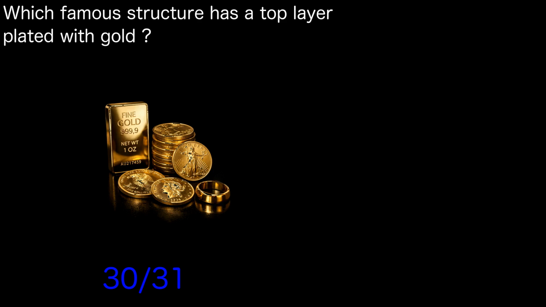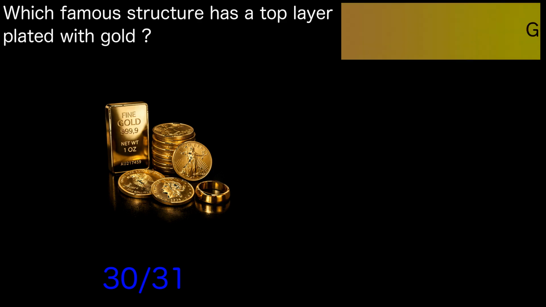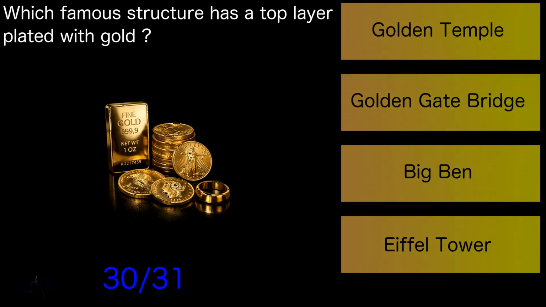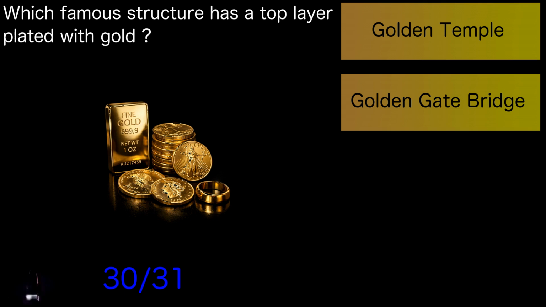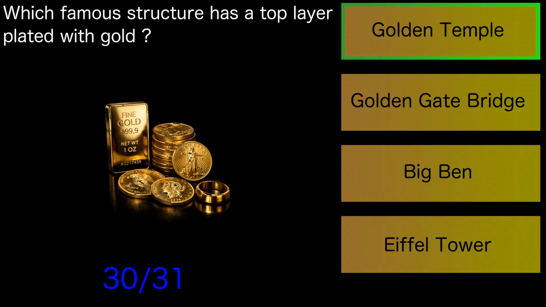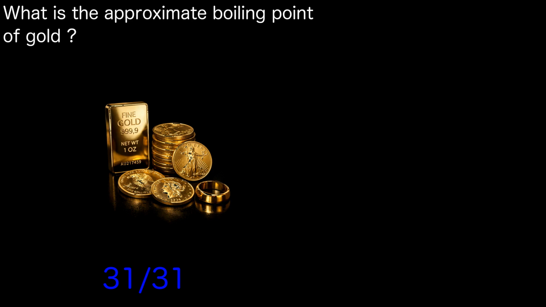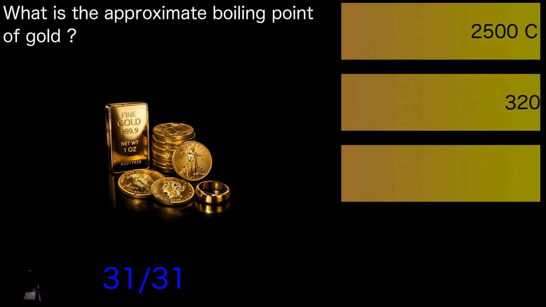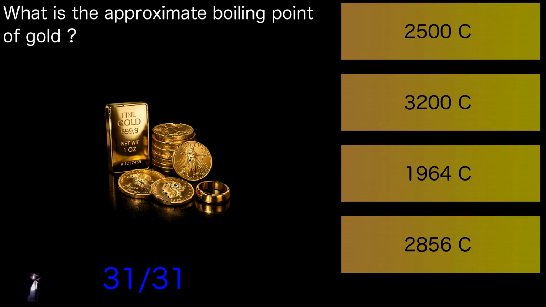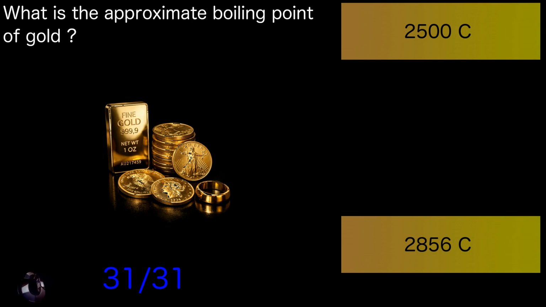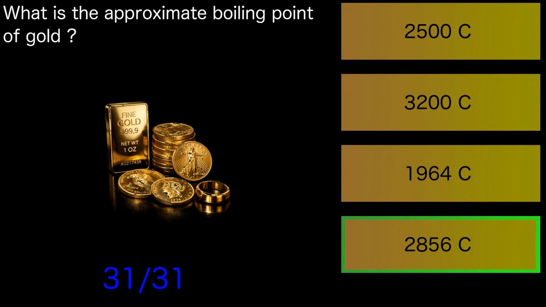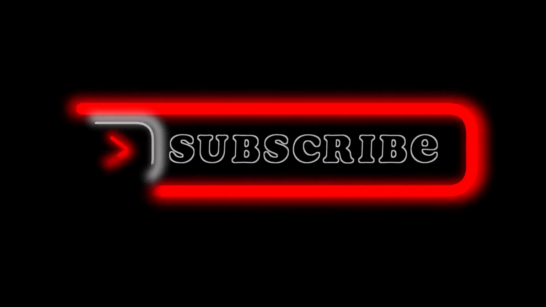Which famous structure has a top layer plated with gold? Golden Temple. What is the approximate boiling point of gold? 2856 C.